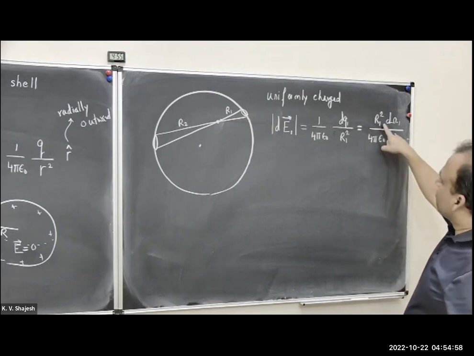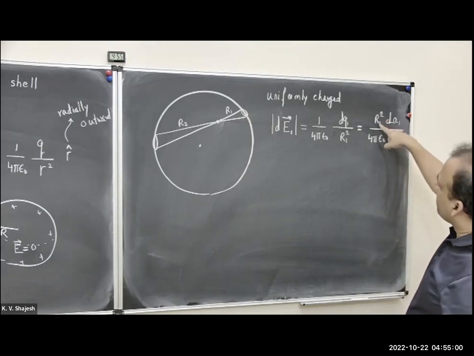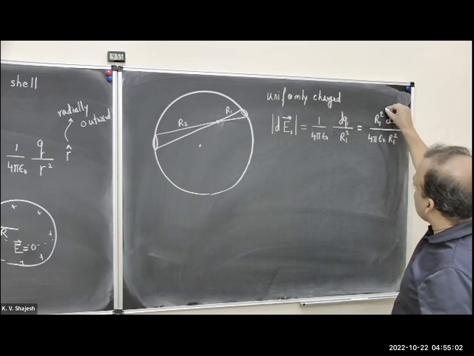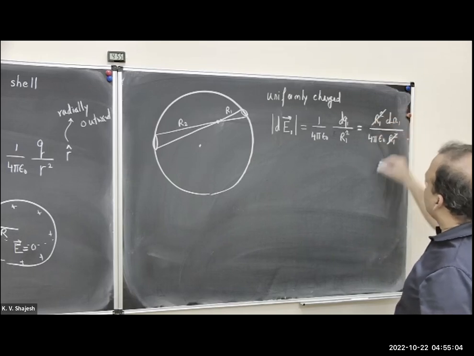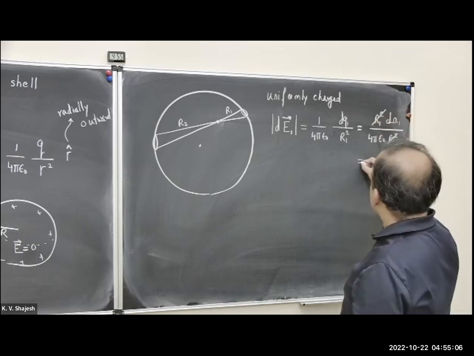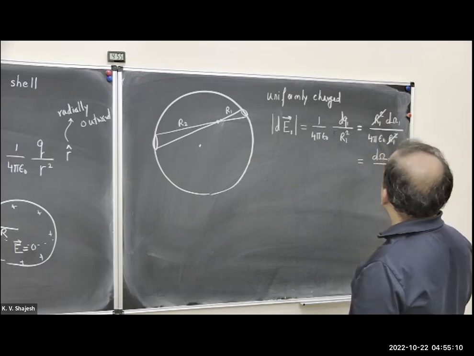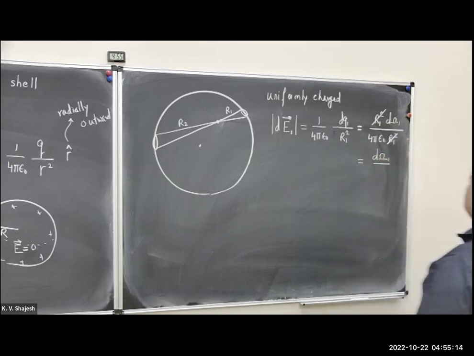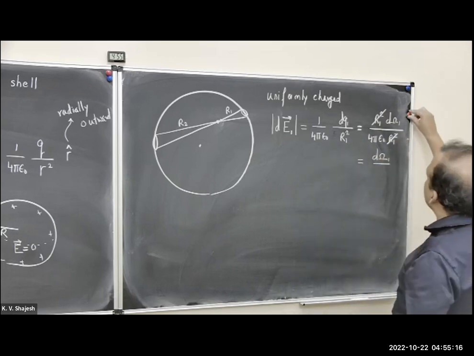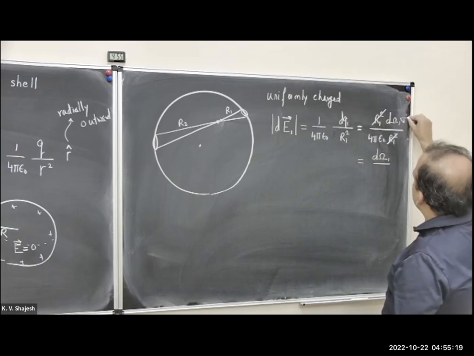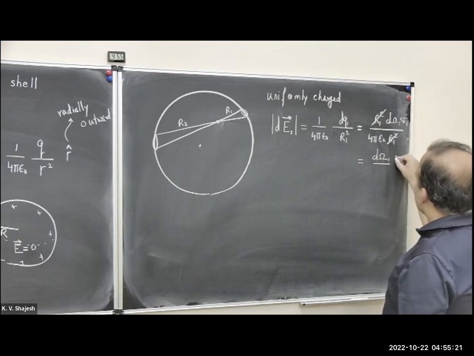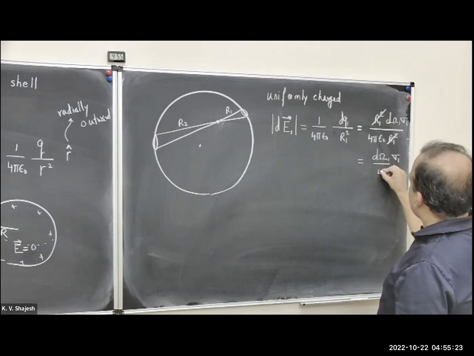Since it is uniformly charged, the R1 square cancels out. So that's equal to sigma 1 d omega 1 over 4 pi epsilon naught.